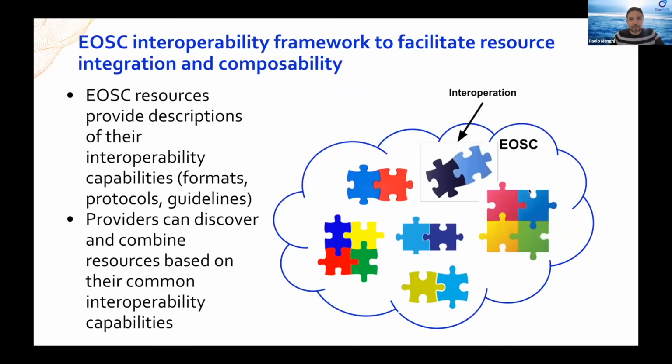On top of that, of course, when we talk about lingua franca, one important aspect is to be able to describe to which degree resources can be reused in terms of interoperability with other resources. And in the EOSC Future, we are trying to walk this path for the first time, trying to describe to which extent the resources are interoperable with others.